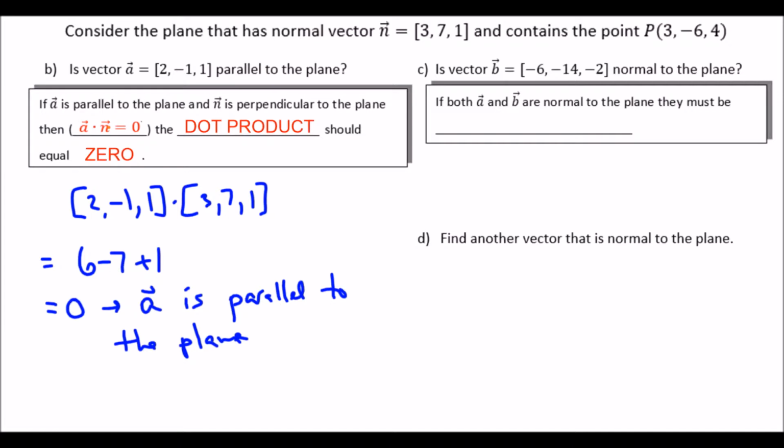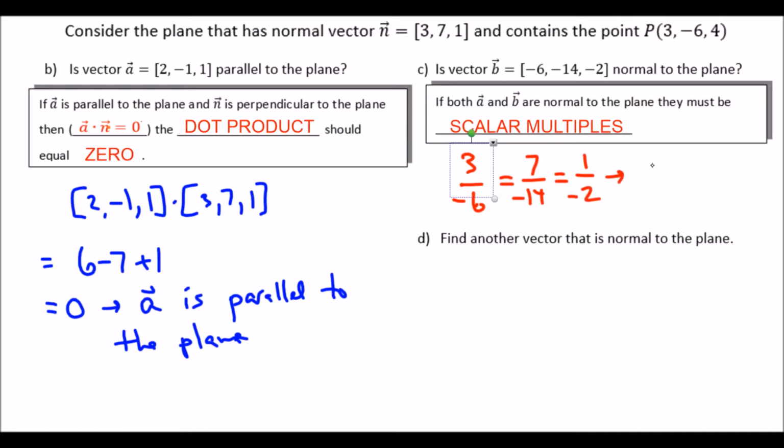All right, what else? Is vector B normal to the plane? If A and B are both normal, then they must be scalar multiples. So what does that mean here? I am simply going to write the normal and the B vector as ratios. So here I've got 3, that's for my normal, over negative 6, the first coordinates, is equal to 7 over negative 14 is equal to 1 over negative 2.